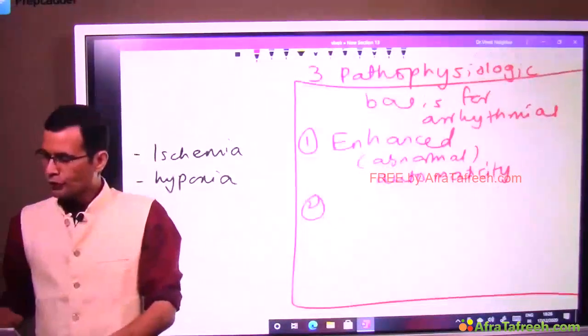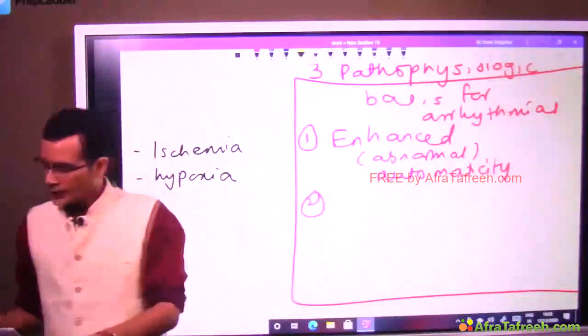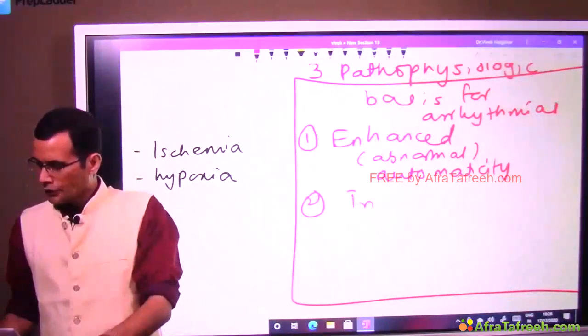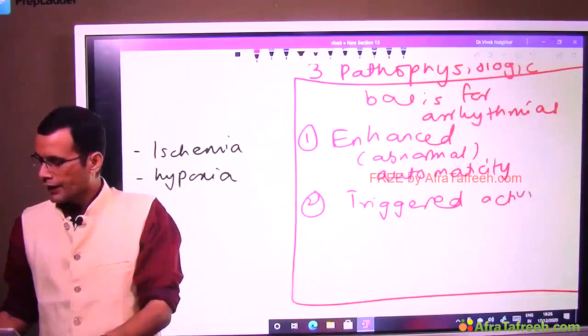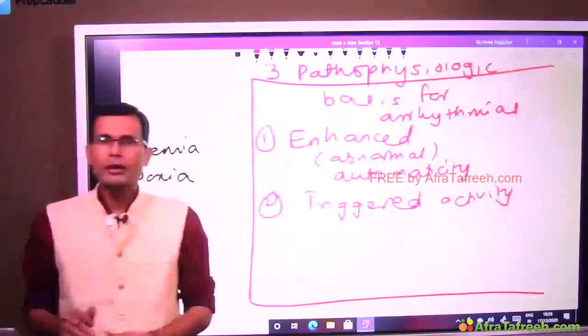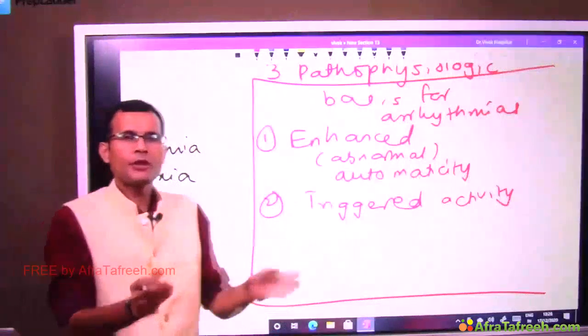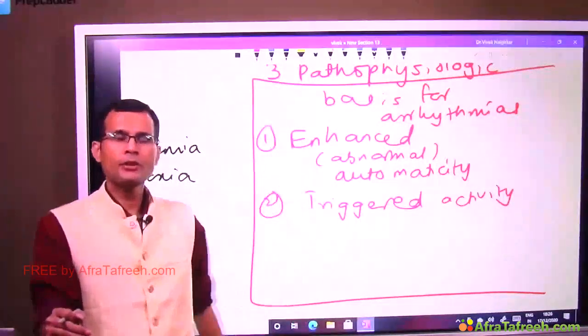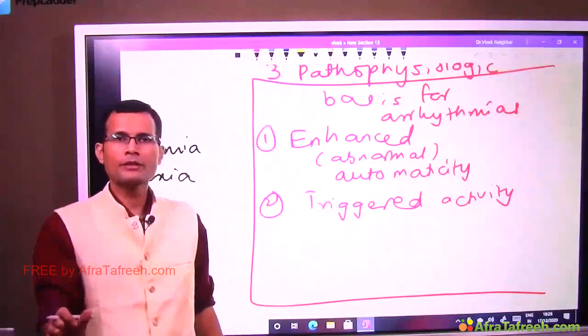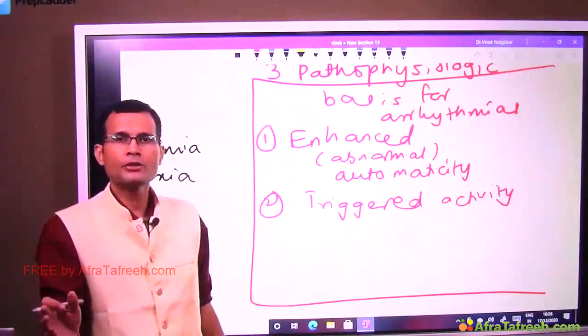Second pathophysiologic basis for arrhythmias is triggered activity. Abnormal action potentials get triggered by themselves. SA node is sending the impulse, and suddenly Purkinje fiber gets a triggered action potential.